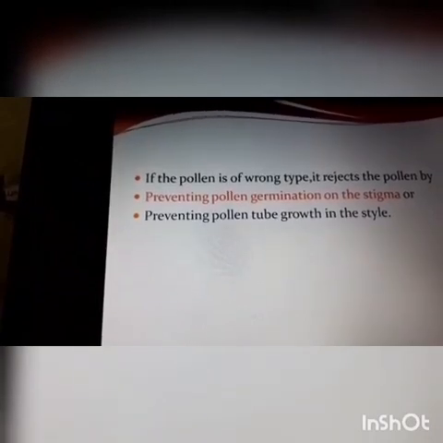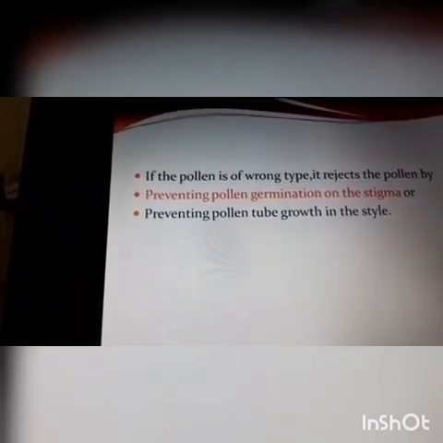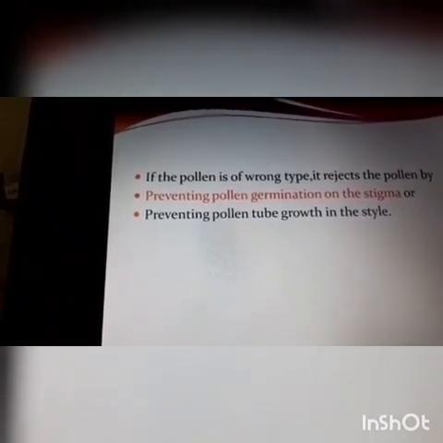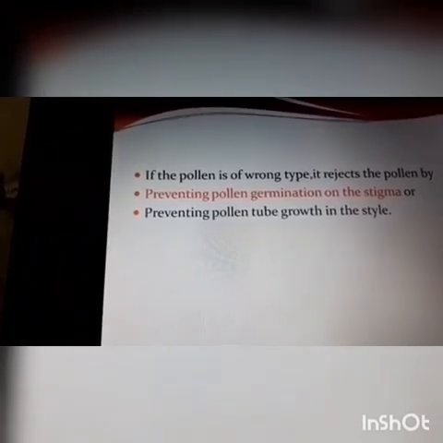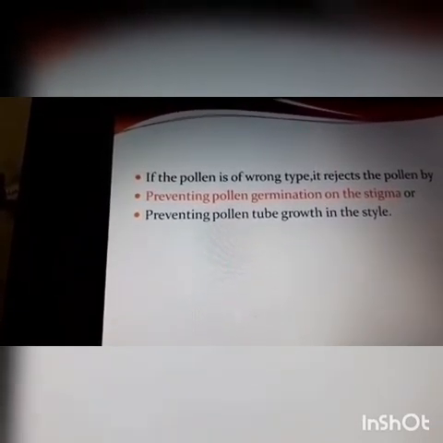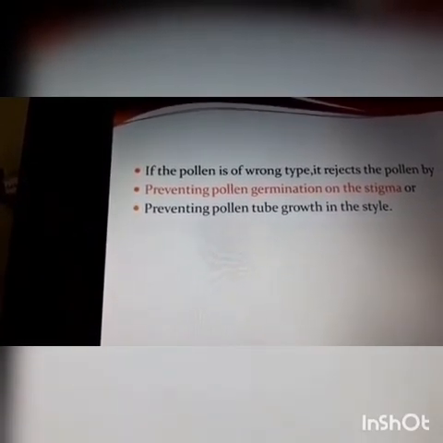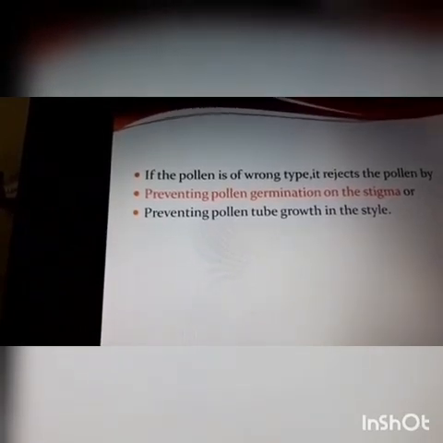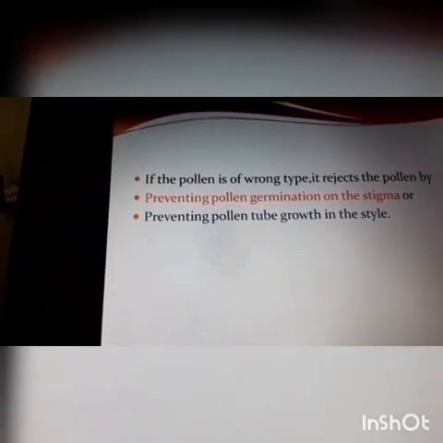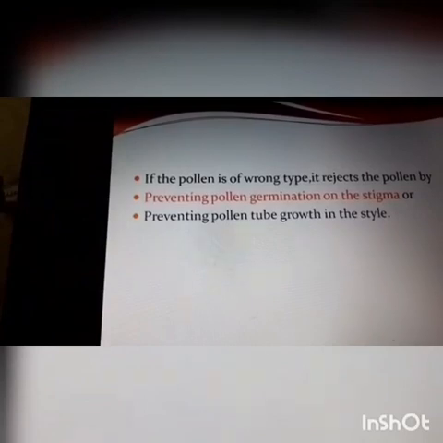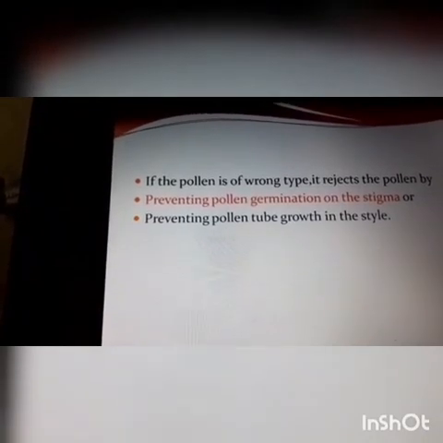The rejection happens either by preventing pollen germination on the stigma or by preventing pollen tube growth in the style. Children, do you remember our practical on pollen tube development? So if the pollen is of the wrong type, it prevents the pollen tube growth in the style. Thus it retards the movement of the male gamete towards the embryo sac.